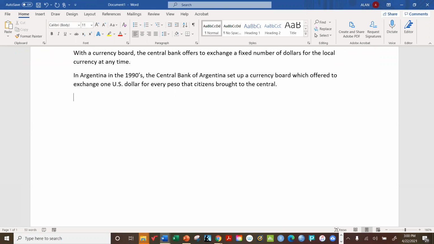Now, in order to keep the system running, the central bank held $1 in its reserves for every peso in circulation, just to make sure that they didn't run out.